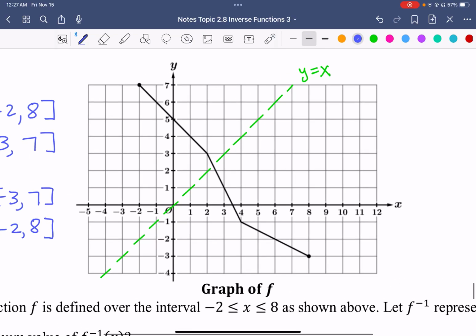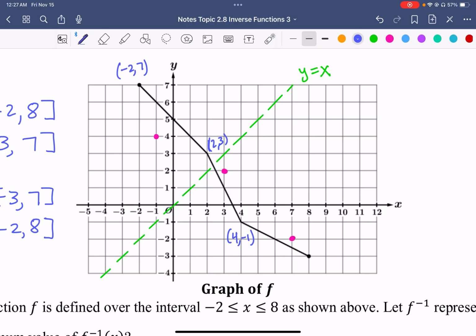So I'm going to grab some coordinate points. Here I have -2 and 7. So when I flip them, I would get 7, -2. Next, I have this one, which is at 2, 3. So when I flip it, it will be at 3 and 2. Next, I have this one down here at 4, -1. So when I switch them, it'll be -1, +4.